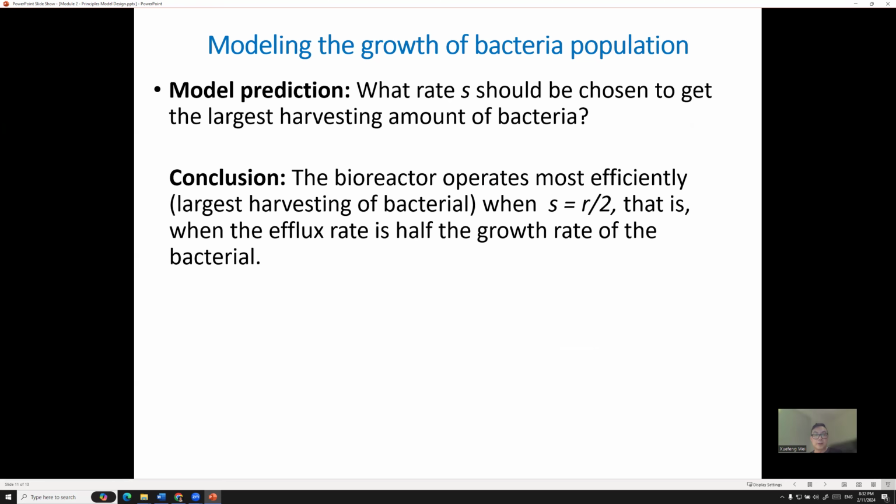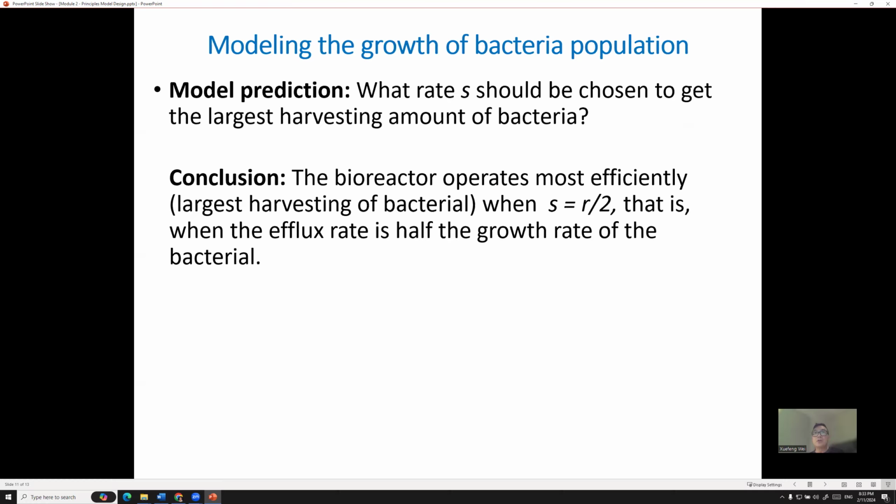So what's the conclusion here? This means the bioreactor operates most efficiently, meaning it reaches the largest harvesting of bacteria, when S equals R over 2. S is the efflux rate, and R is the growth rate or production rate of bacteria.